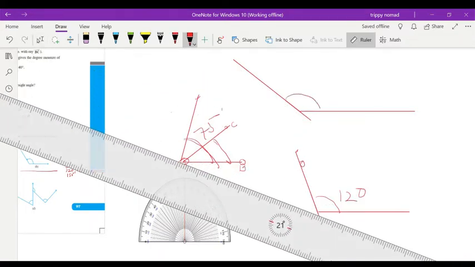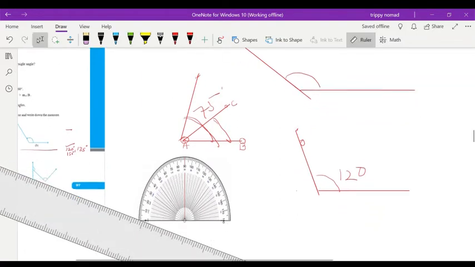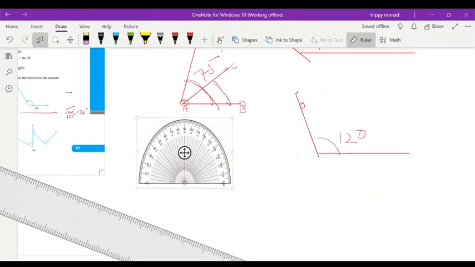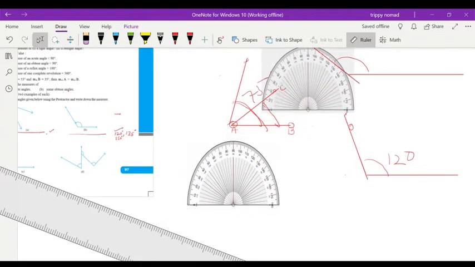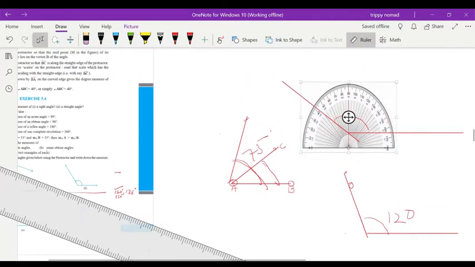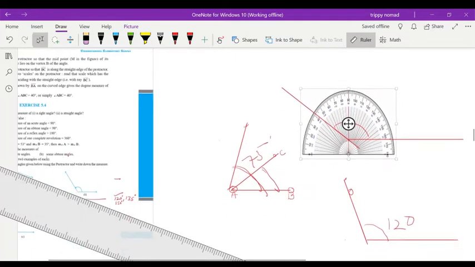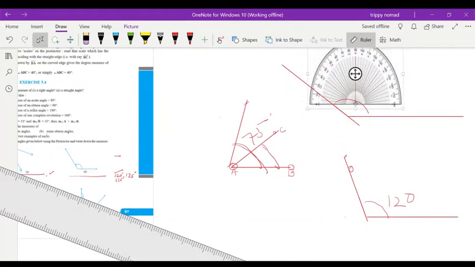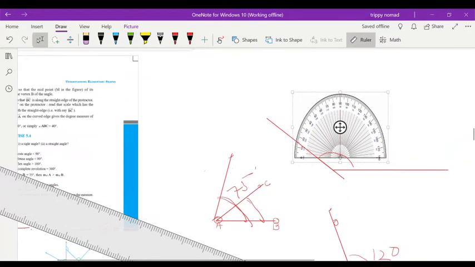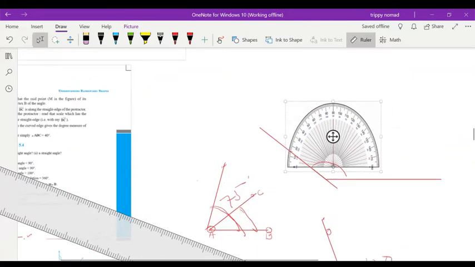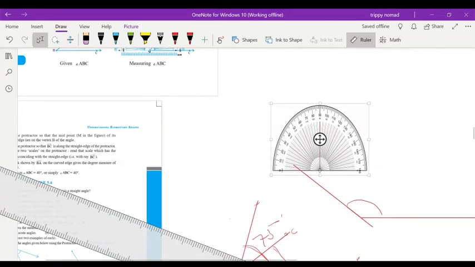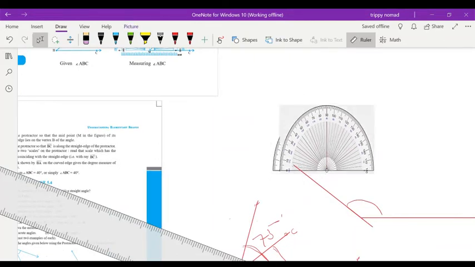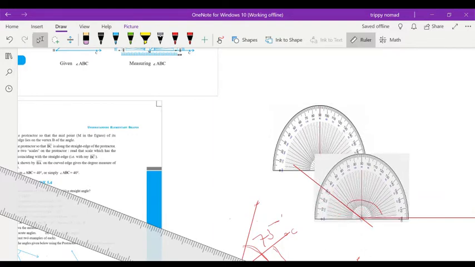So how you will measure, you will take this protractor and you will keep this protractor. It is a little bit difficult to hold this on the screen.